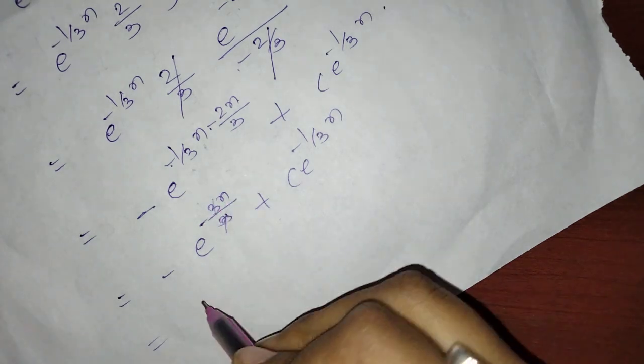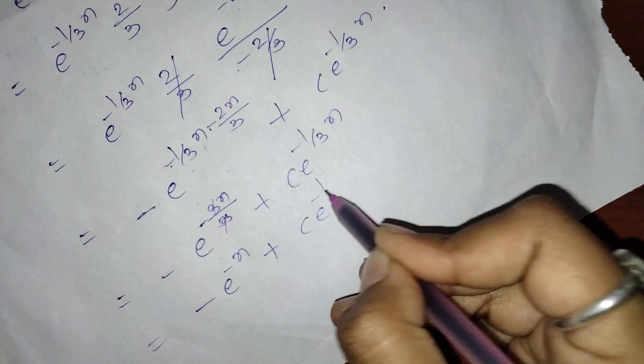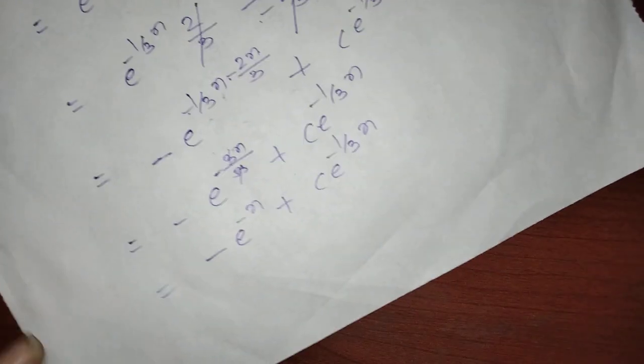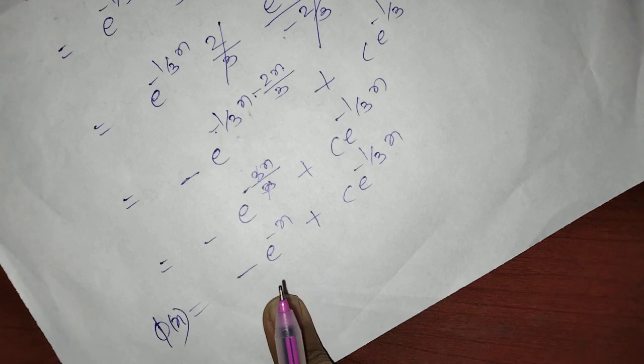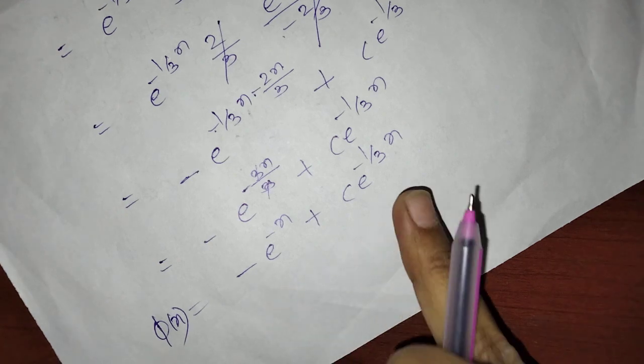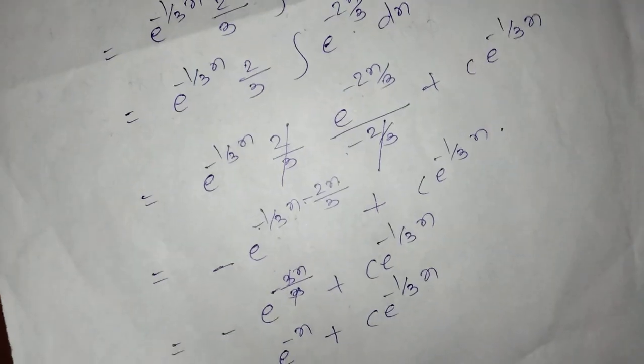The 3 gets cancelled, we get minus e raised to minus x plus c e raised to minus 1 upon 3x. So phi of x is equal to minus e raised to minus x plus c e raised to minus 1 upon 3x.